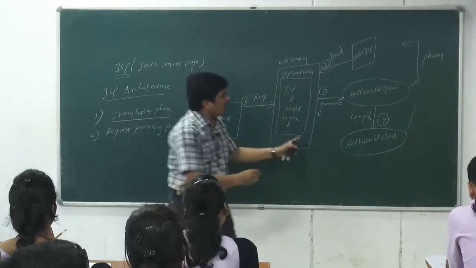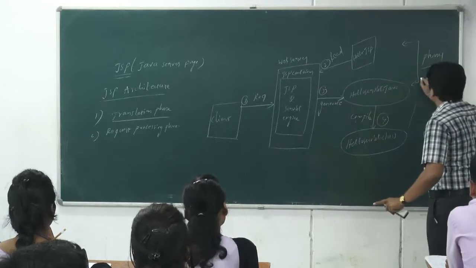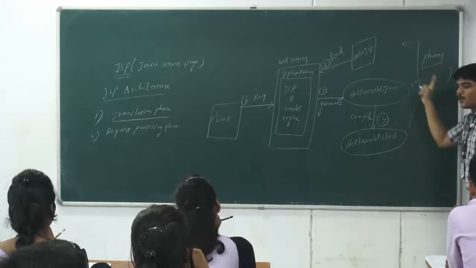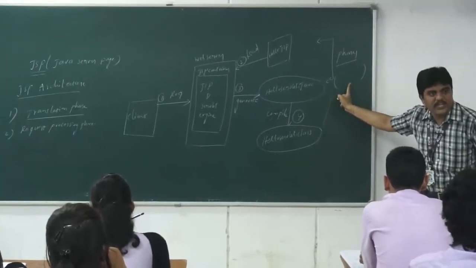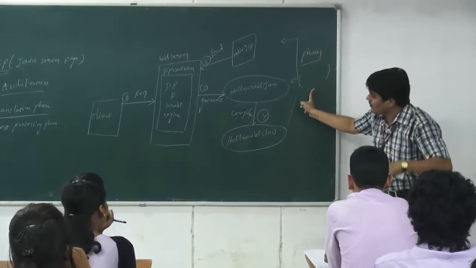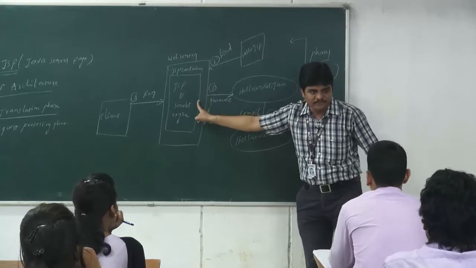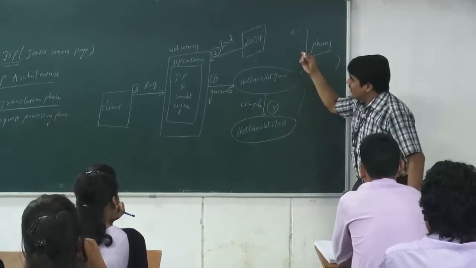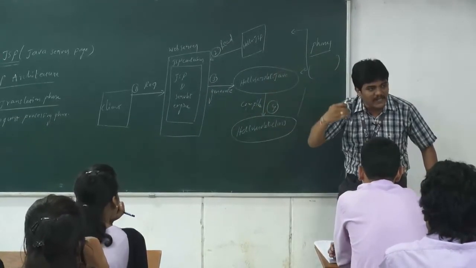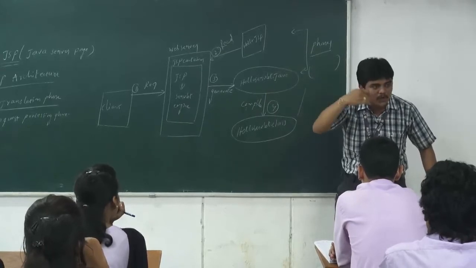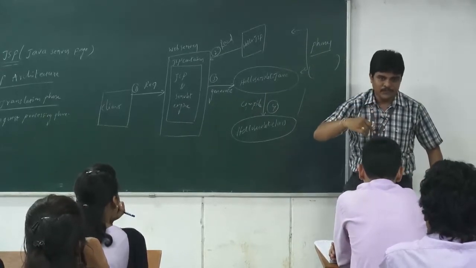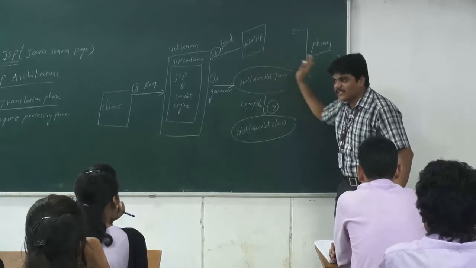In phase 1, JSP code is simply converted into servlet code. That is done by the JSP container or JSP engine. During this phase, a JSP engine or container converts the JSP code into servlet code. That is phase 1.